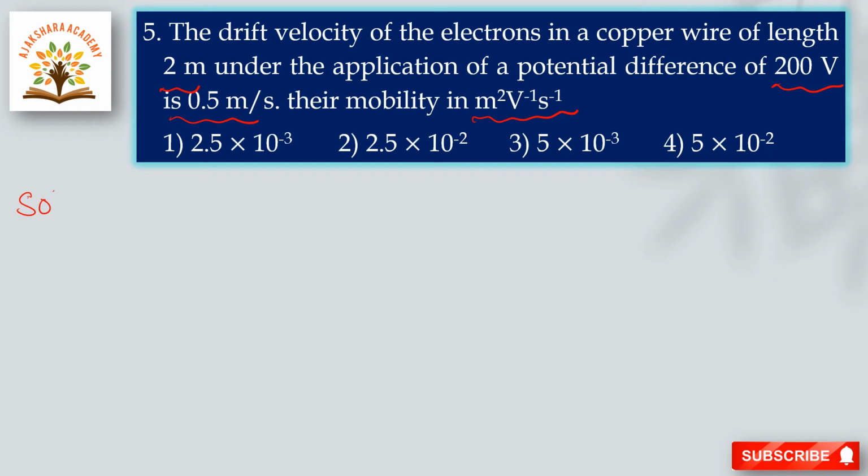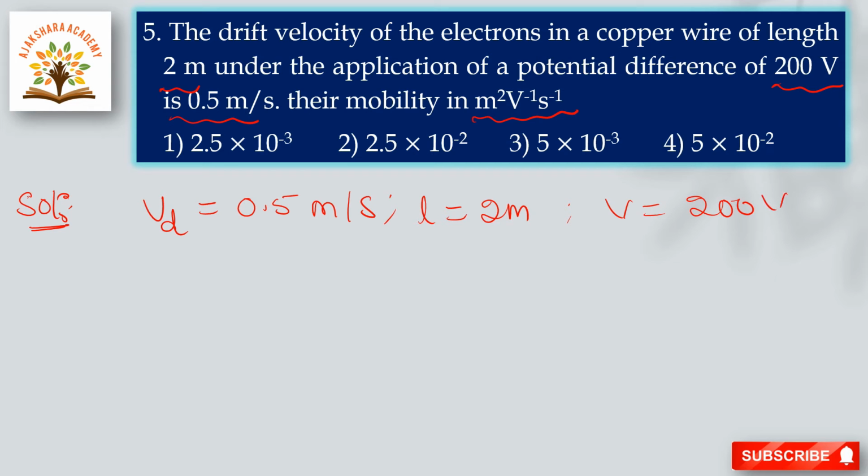Now let us go to the solution. Given drift velocity v_d is equal to 0.5 meters per second and length they given as 2 meters and voltage they given as 200 volts, and we have to calculate mobility.